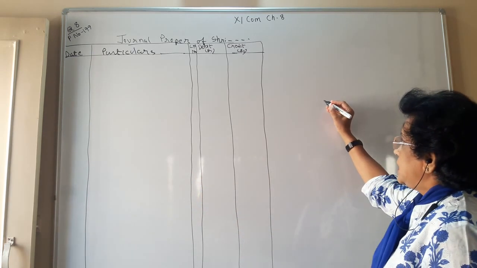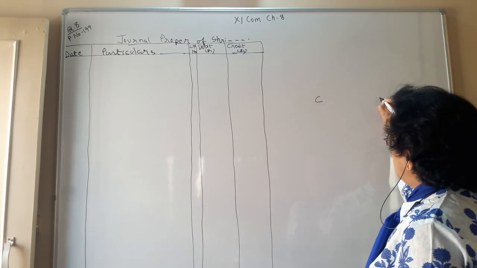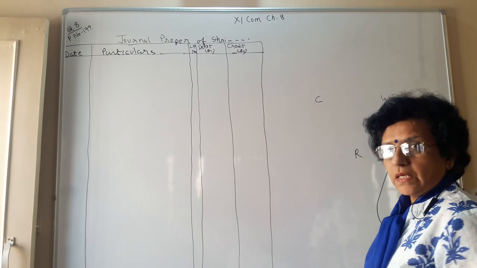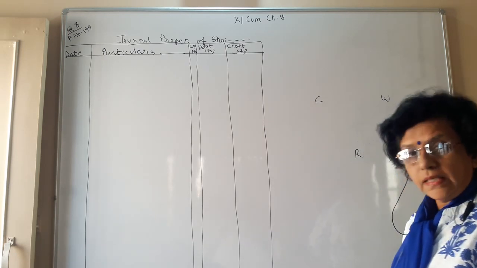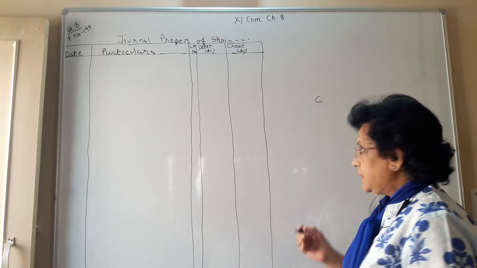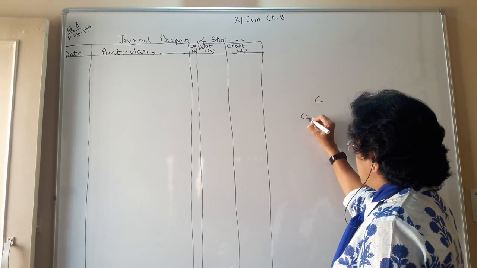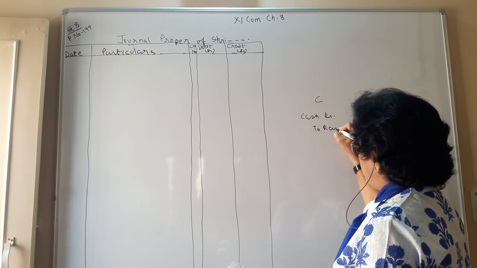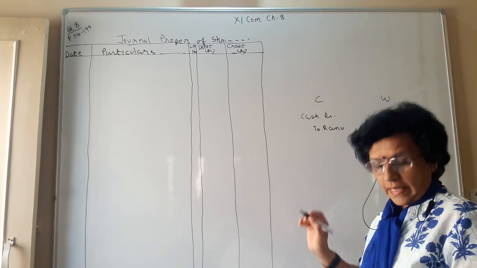For this we need the correct entry, the wrong entry, and the rectification entry. What is correct? You have received from Renuka. So the correct journal entry is cash account debit to Renuka. This is going to be the right entry.